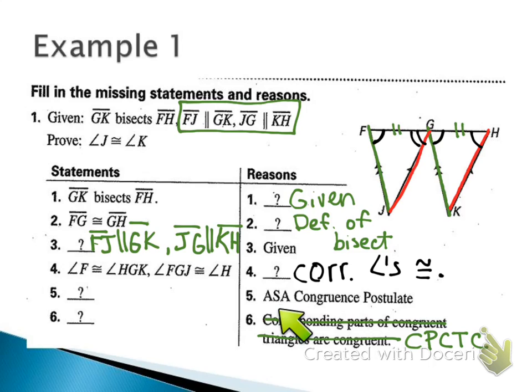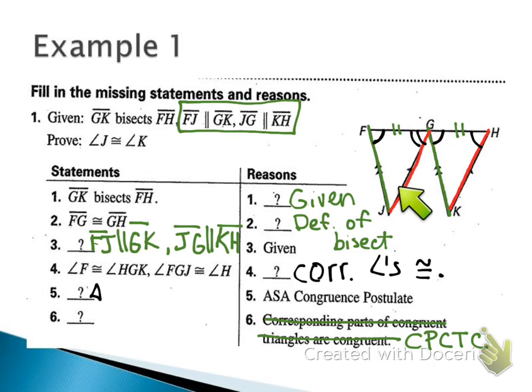Alright, looking at the next reason, it's giving me one of my triangle congruence postulates, angle side angle. So I should probably say something about the triangles that are congruent. Which triangles are congruent here? Name the two triangles.